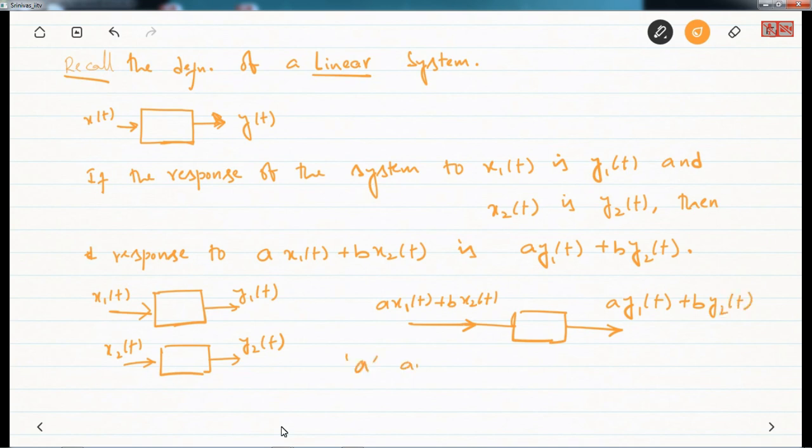Here a and b are constants. They can be real numbers or complex numbers or whatever. So if we give a linear combination of the inputs, we will get the corresponding linear combination of the outputs. Such a system is called a linear system. Now let's consider linear systems and go ahead.